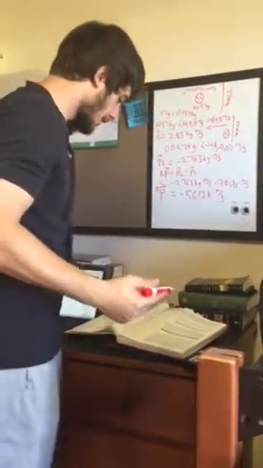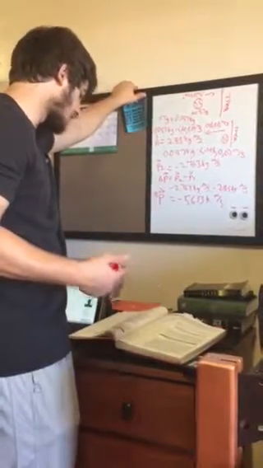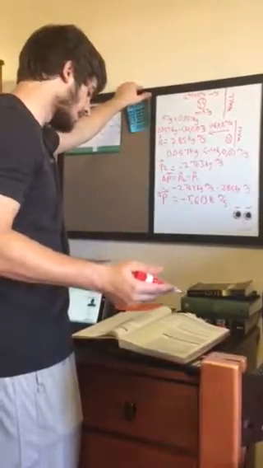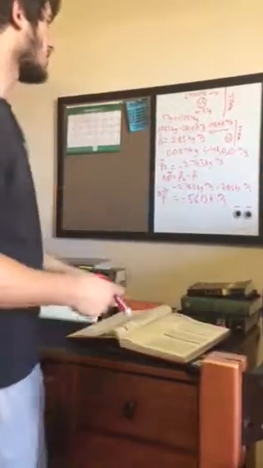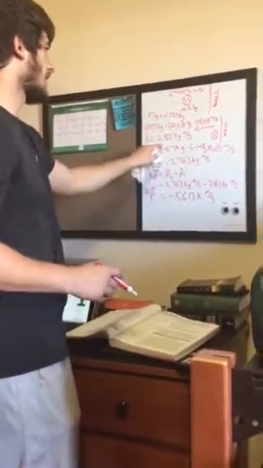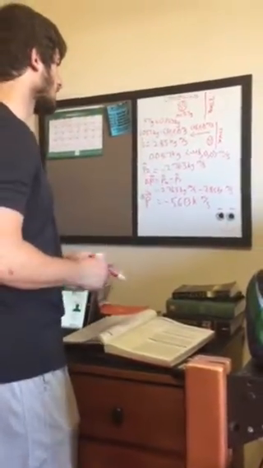Alright, and now the last part of the problem asks us to find the change in the magnitude of the tennis ball's momentum. So the change in the magnitude, all we're simply going to do is compare the first momentum to the second momentum.